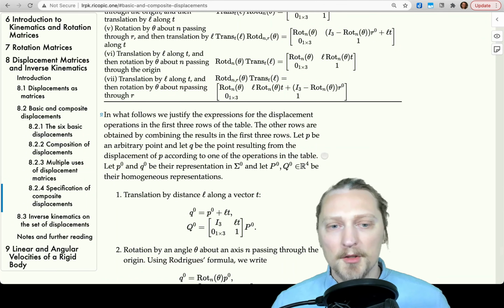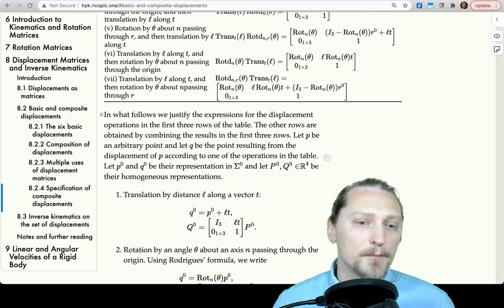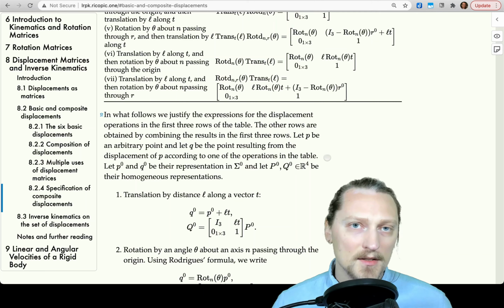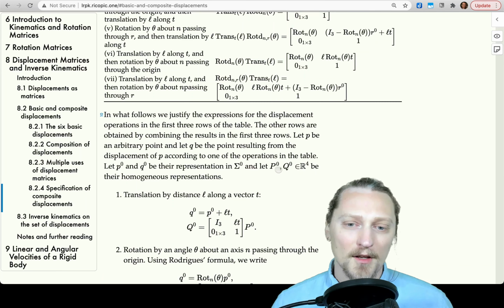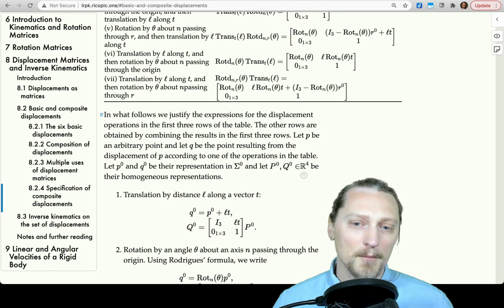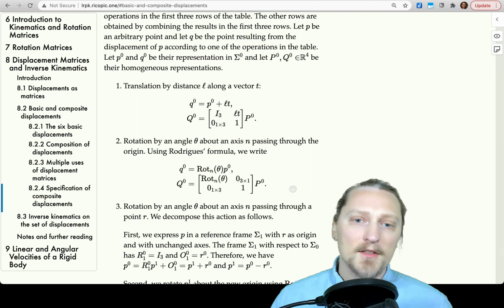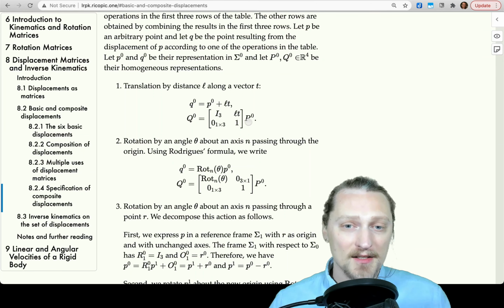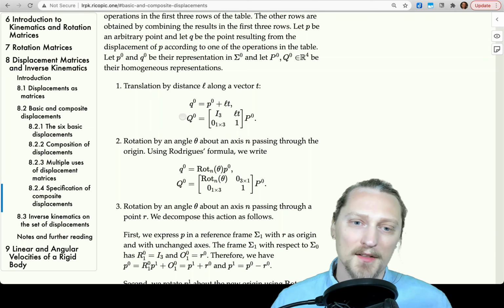Let P be an arbitrary point, and let Q be the point resulting from the displacement of P according to one of the operations in the table. Let P0 and Q0 be their representation in sigma 0, and let the homogeneous representations of P and Q be given by the capitals. 1. Translation by distance L along a vector. Take the homogeneous representation of P0 and multiply it by this matrix to get Q0.